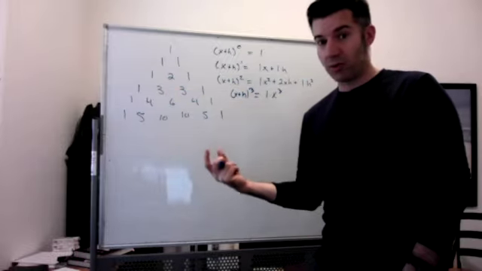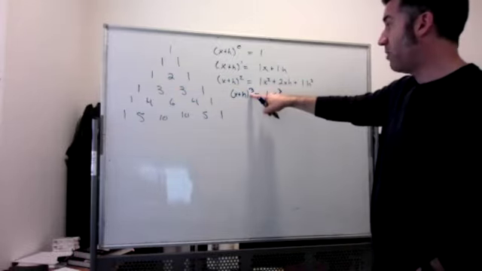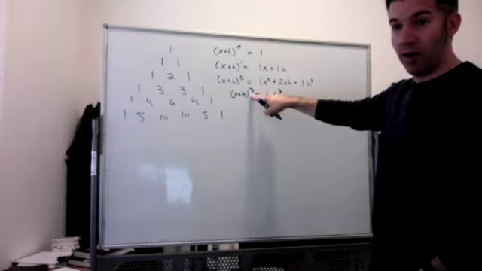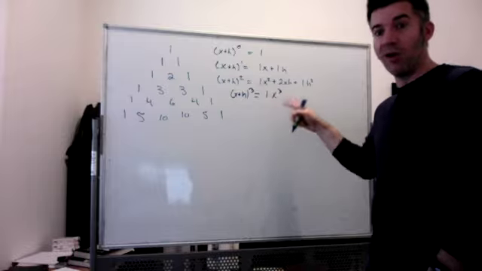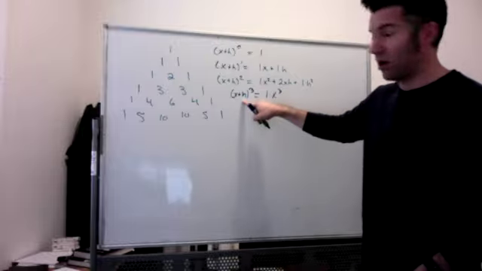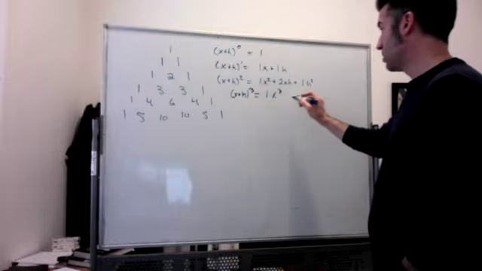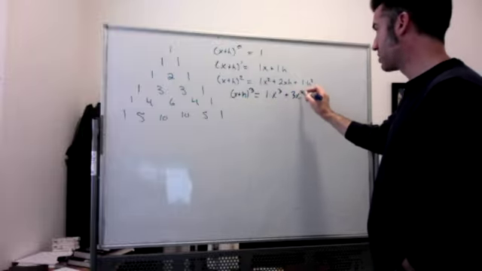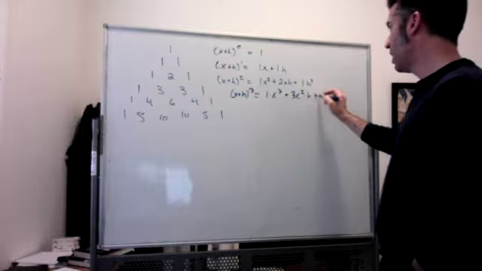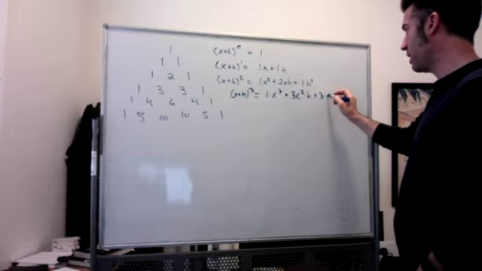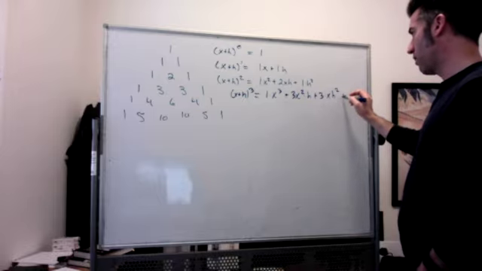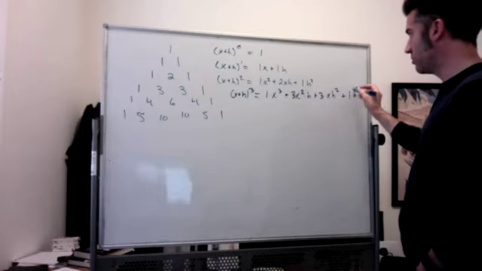And the way the powers work is, if it's to the 3rd power, you start with your first thing to that power, and then the powers of that get 1 less each term, and the powers of the other part get 1 more each term. So the next term is 3x squared times h, and then the next term is 3 times x times h squared, and the last term is 1 times h cubed.